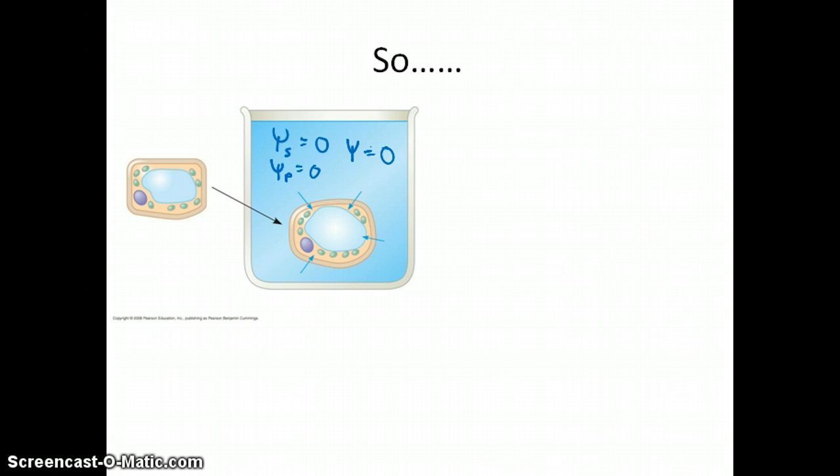Now I want us to think about this cell and the calculation that we did before, keeping our solute concentrations related to this particular example. On the inside of that cell, we have a solute potential of negative 8 bars from our previous calculation. Now think about what's happening with the pressure potential.